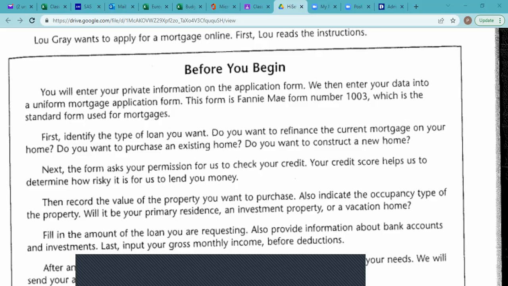Refinancing the current mortgage. Refinancing is when you want to maybe get a lower rate. You're not moving, but let's say you have a rate of maybe 9%, okay? And there's a better percentage rate out there. Maybe the rates are really good right now and you could get a 5% interest rate.